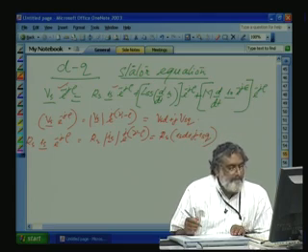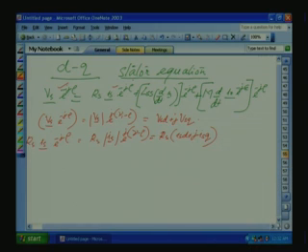Now let us see this term. If you see here, this e raised to minus j rho is not inside, it is outside. If it had been inside, then the whole thing, d by dt of Isd plus j Isq, we could have written. But how to bring the Isd plus j Isq?